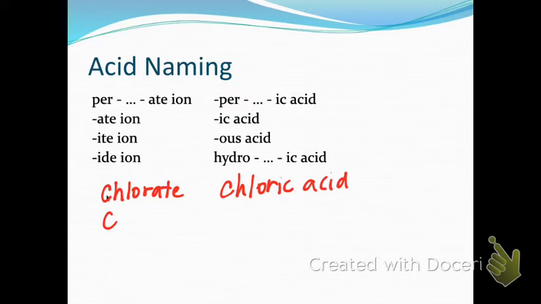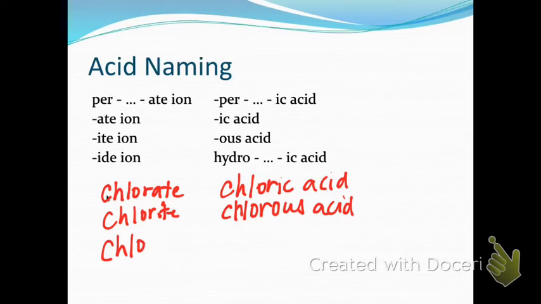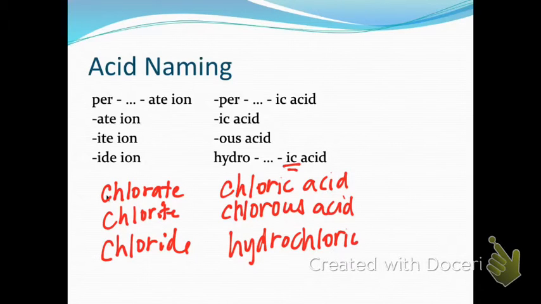Okay, if we started with chlorite, we would have chlorous acid. If we started with chloride, that's just Cl by itself, it would be called hydrochloric acid.